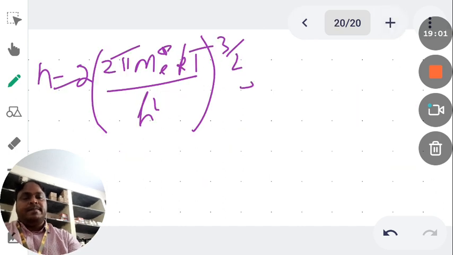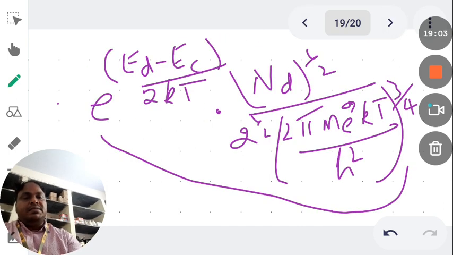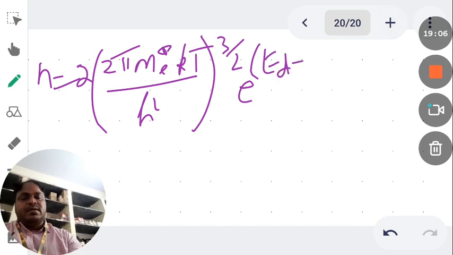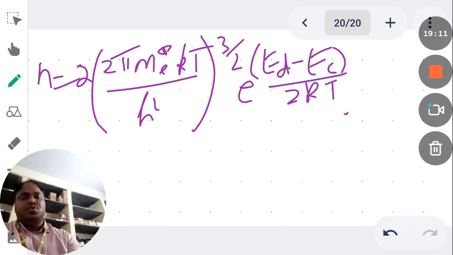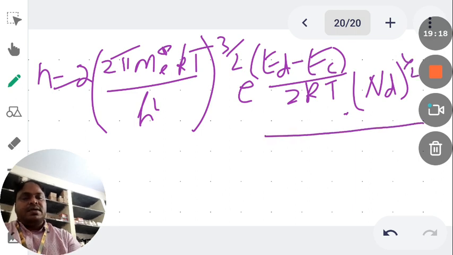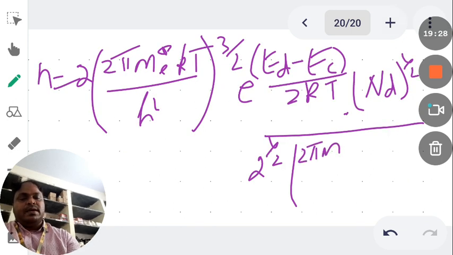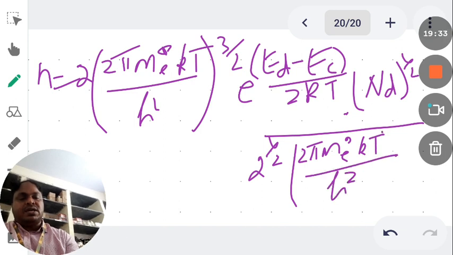E power (ED minus EC) by 2 KT into ND power half, divided by 2 power half into, look at the previous equation, 2 pi me star KT by h square power 3 by 4.